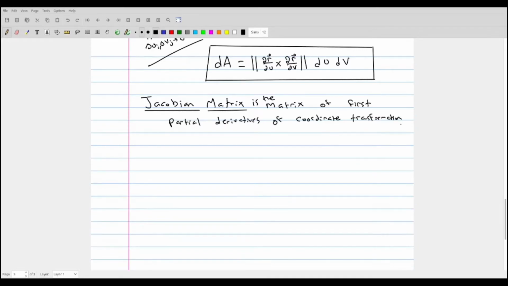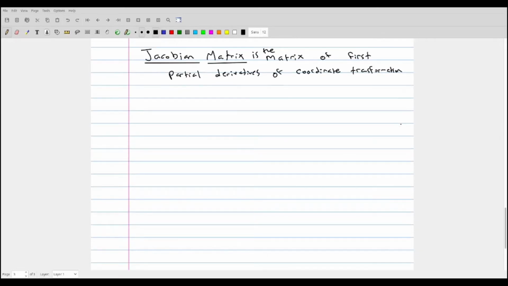In some sense, we can think of this as the first derivative of a given coordinate transformation. This is just defined as the matrix that's constructed from dr/du and dr/dv.